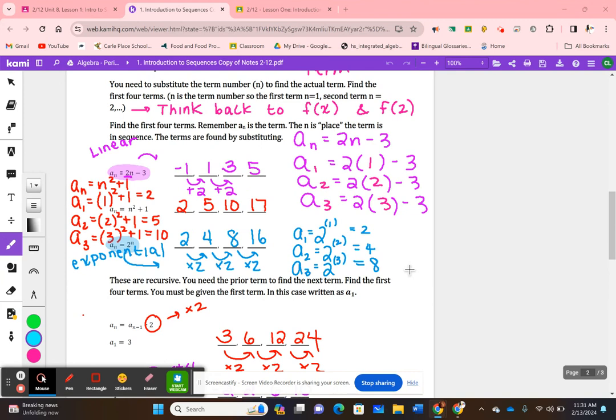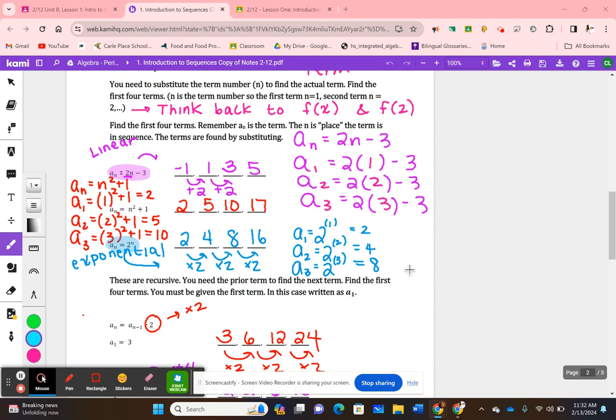The calculator could help you do anything that's explicit, but you need to make sure that you start with 1, not with 0, which is a little different because we're so used to starting with the y-intercept. Also, if you're using the calculator, you would replace the n with an x.